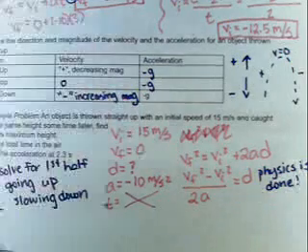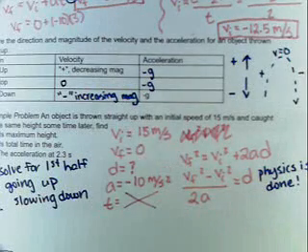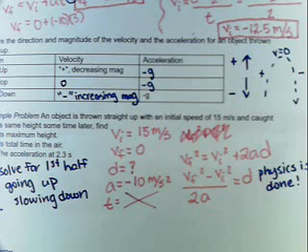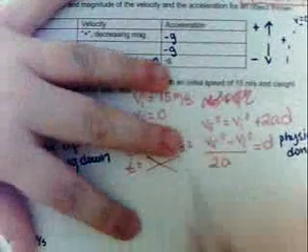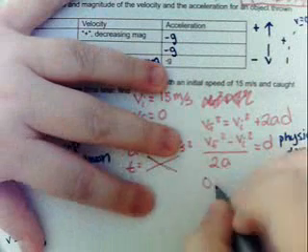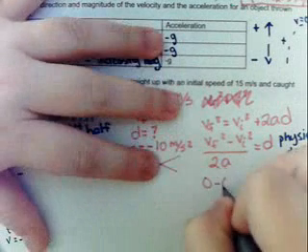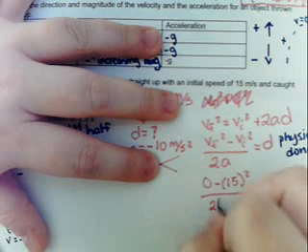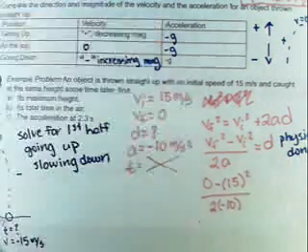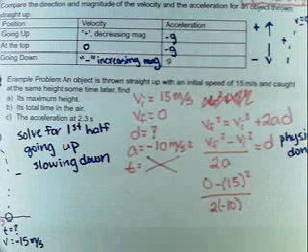For the record, should we expect a positive or negative number here for distance, for displacement? Our displacement should be positive, right? Because it's going upwards and we set upwards as positive. So we should get a positive answer here. Let's see. We have 0 squared minus positive 15 squared over 2 times negative 10. So we are going to get a positive number because the negatives are going to cancel.